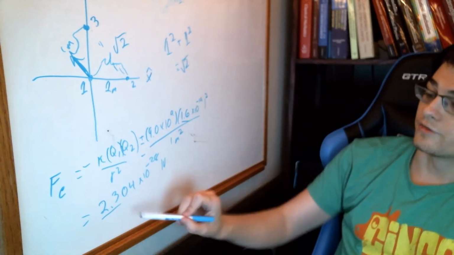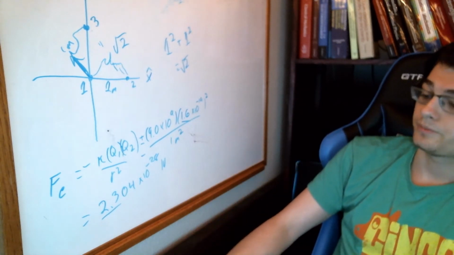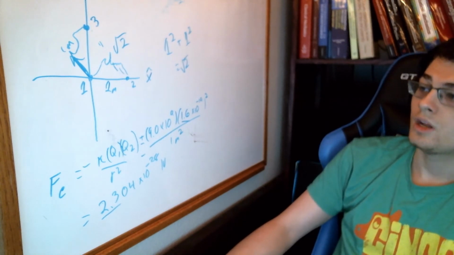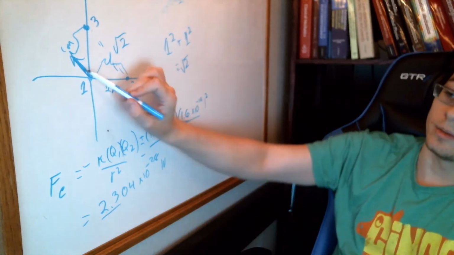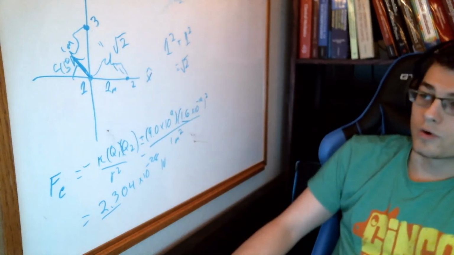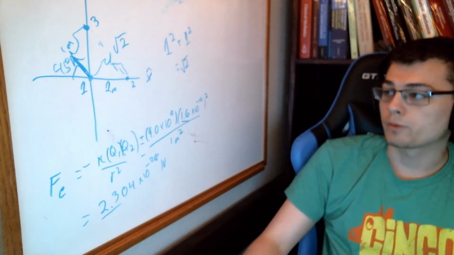since these forces are going to be equal in magnitude, we know that this force is going to be pointed at a 45-degree angle from the horizontal. That's just some quick math that we can do.